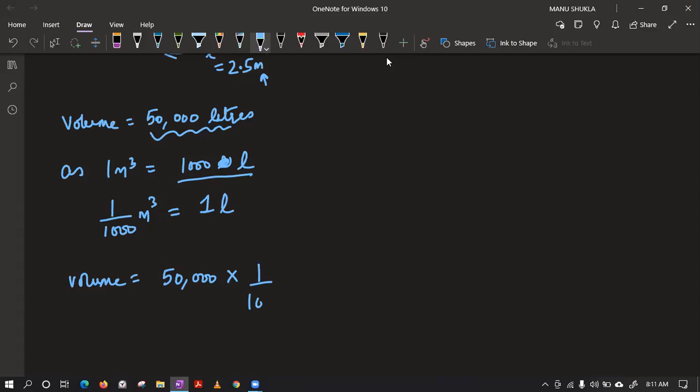So 1 upon 1000. Just cut the zeros and you will get the answer as 50 meter cube. Also mind one thing: as soon as I have written 1 by 1000, I can't write liter now, because this 1 by 1000 came in place of liters only.